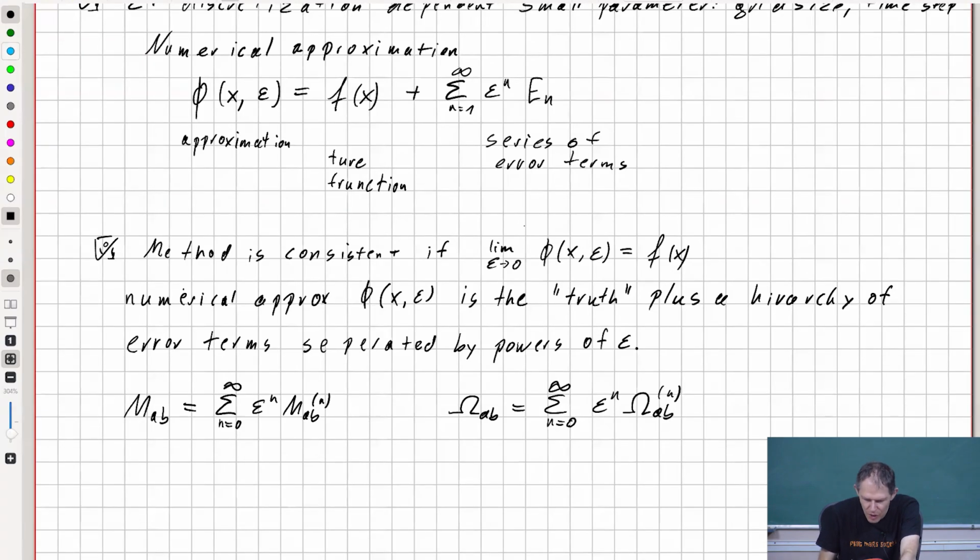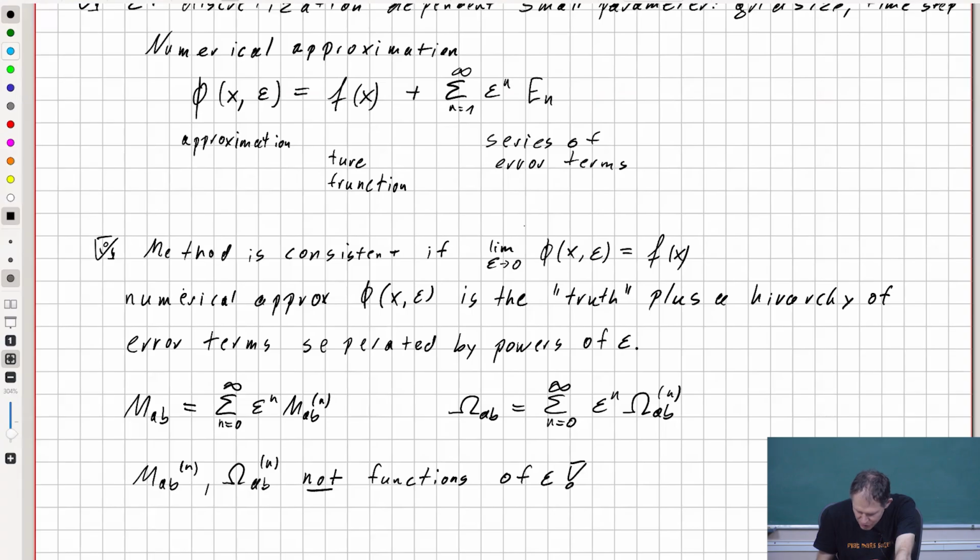So that basically means that the coefficients of this expansion, M_AB of the order n and omega_AB of the order n, are not functions of epsilon.